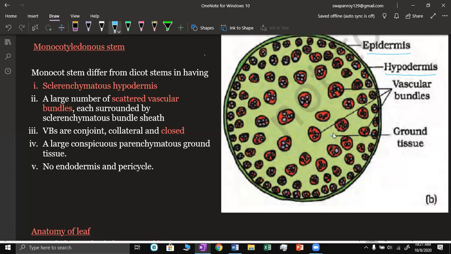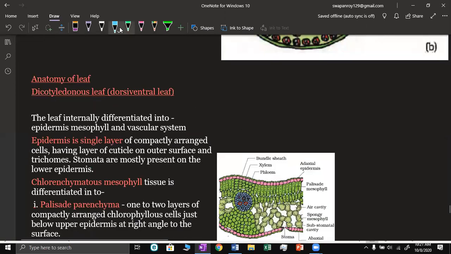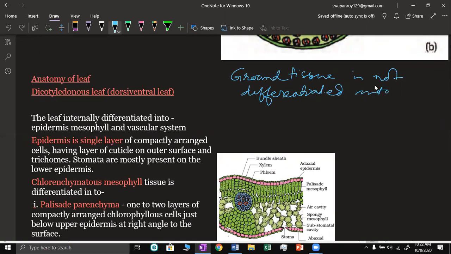This ground tissue is not differentiated into cortex and pith.